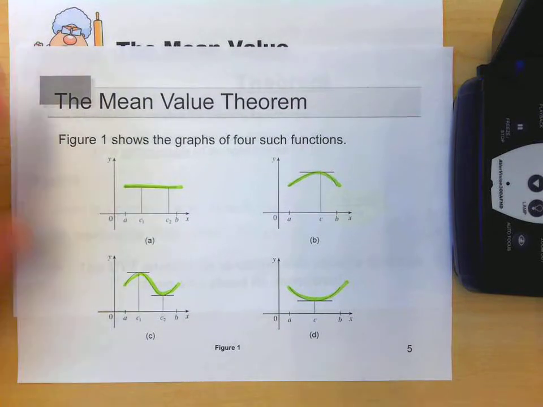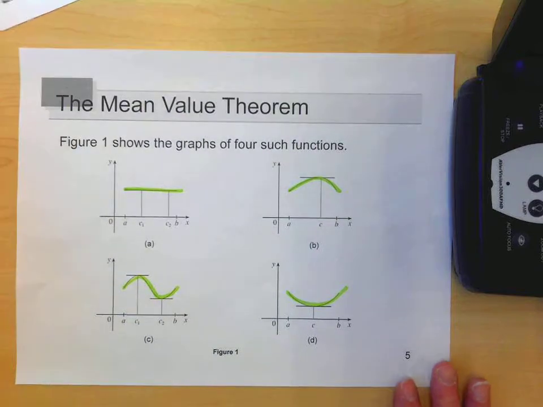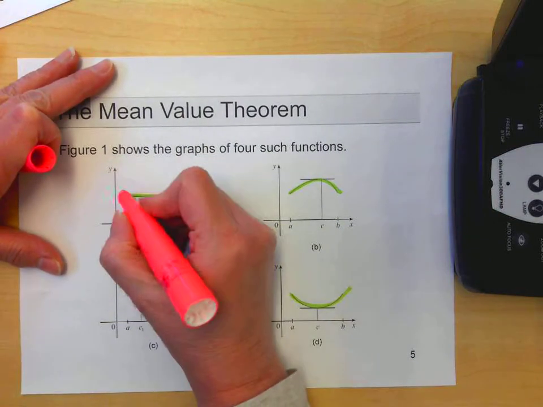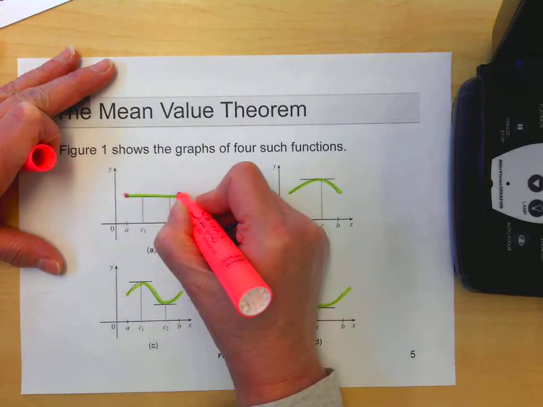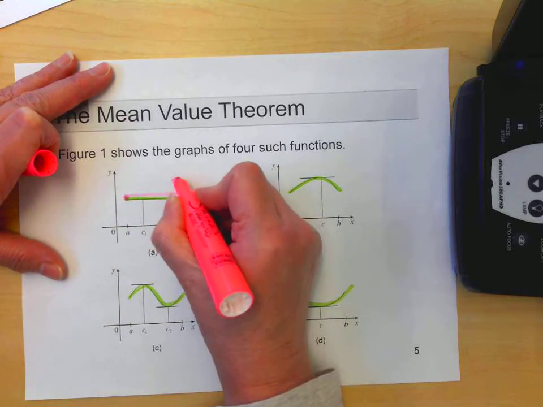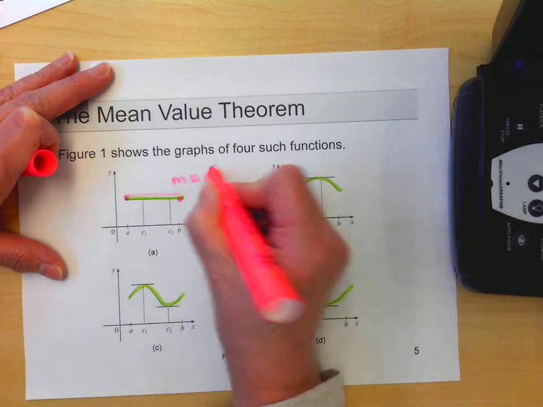All four of these green functions are continuous and differentiable from a to b. So what we can say from this mean value theorem is that somewhere on the graph there's a c such that the first derivative is equal to the slope of the line we'd get if we connected a and b. This one's easy because the slope is just 0.